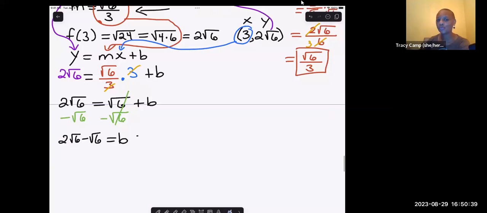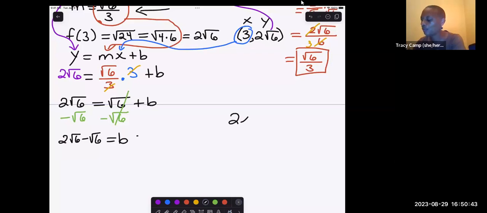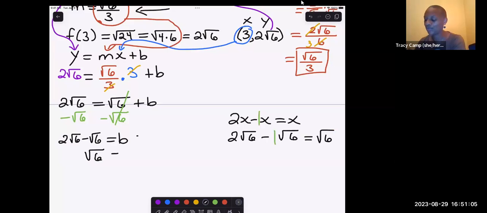It's like if you had 2x minus x, you would just say this is equal to x, right? Because you recognize that there's a 1 in front of that x. So 2 root 6 minus root 6, recognize that there's a 1 in front of this root 6. And so this ends up just being 1 root 6, or in other words, just root 6. So b is just root 6.